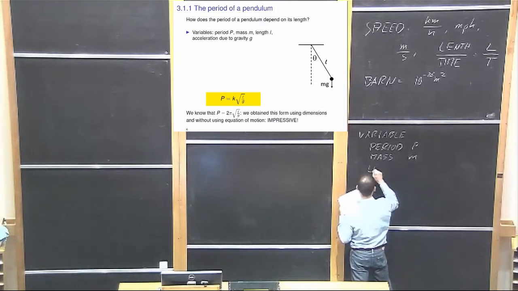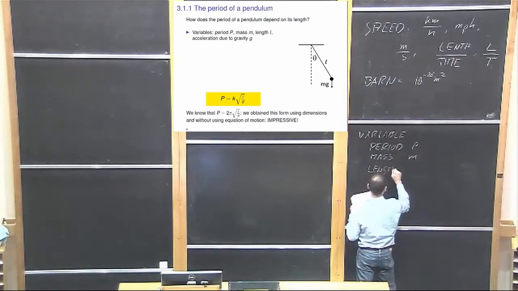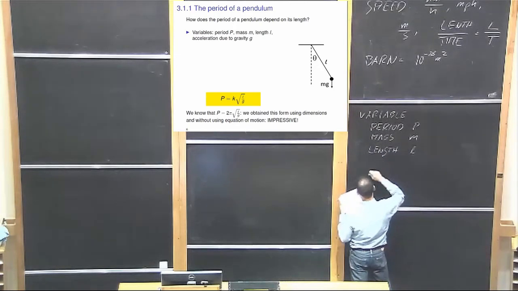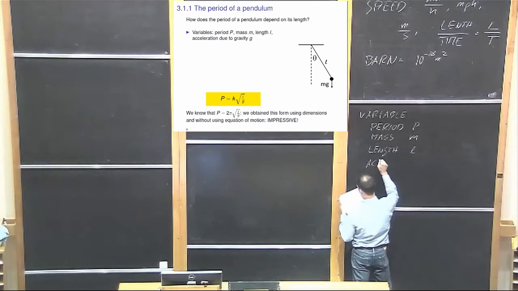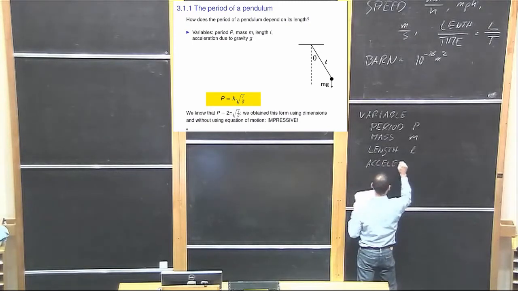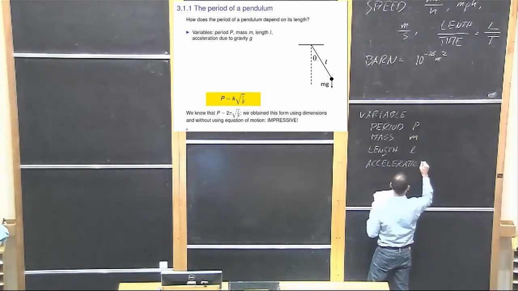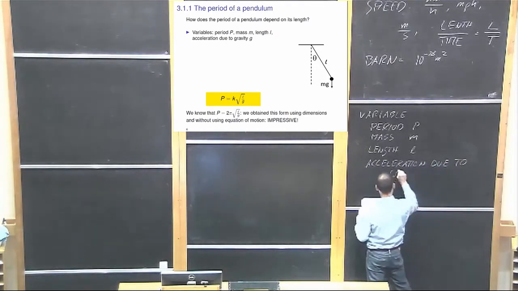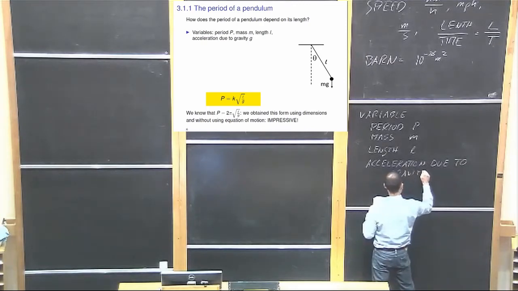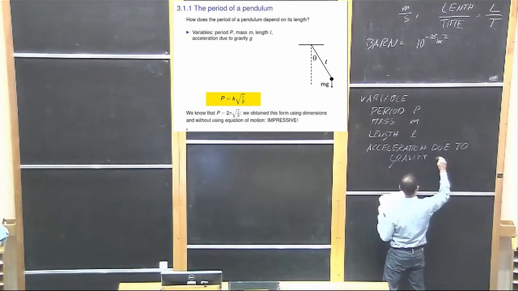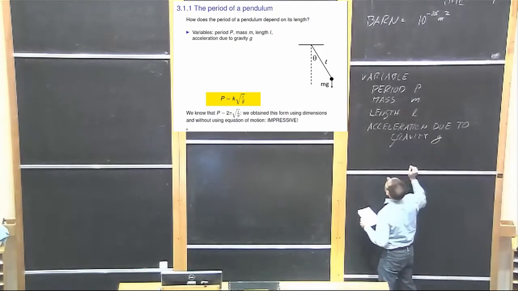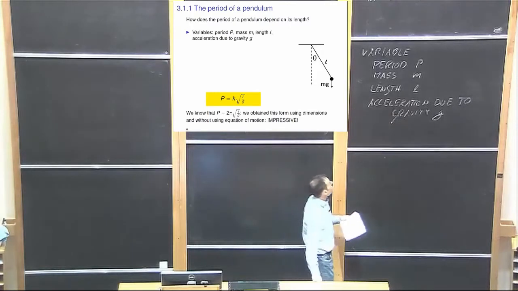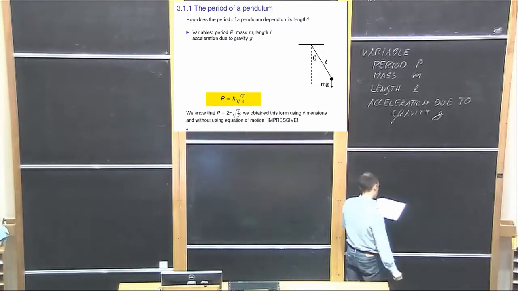The length of the pendulum, L, and the acceleration due to gravity, g. Now, we have those variables which we think might go in there.